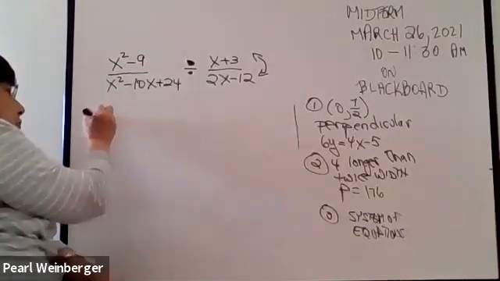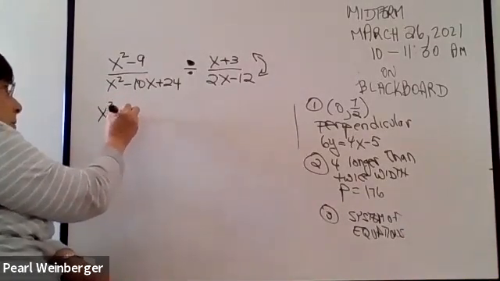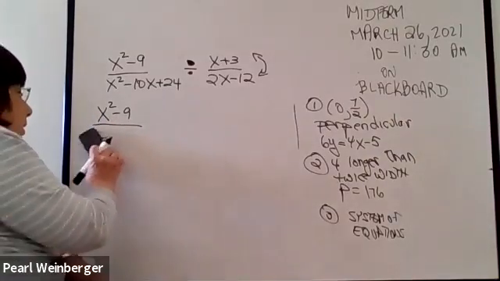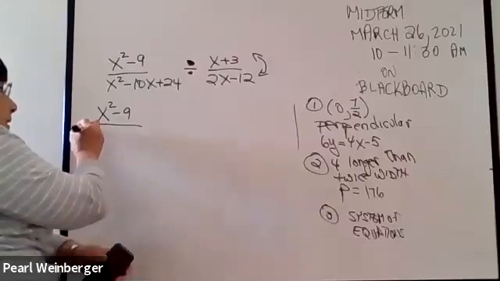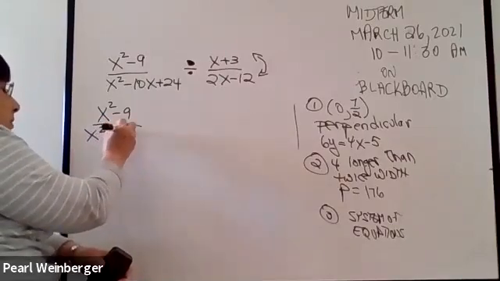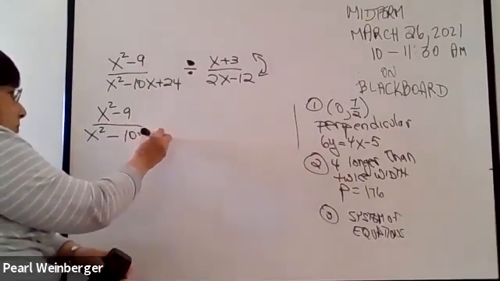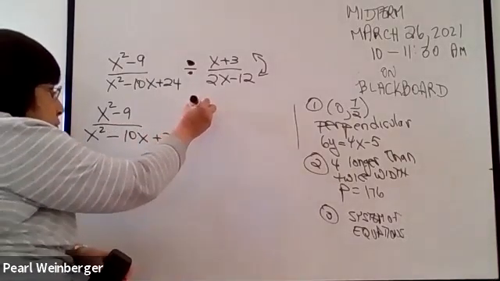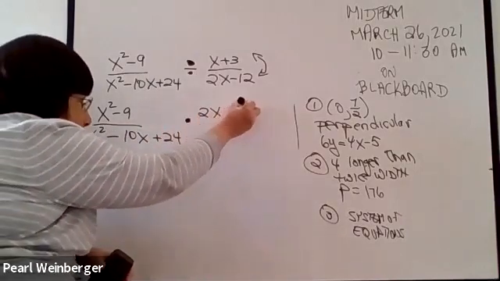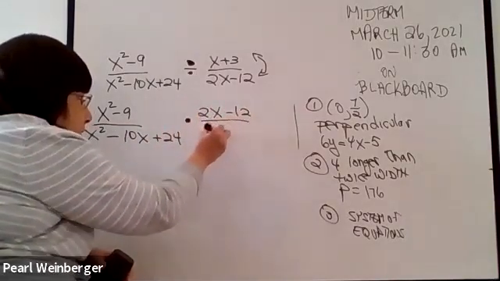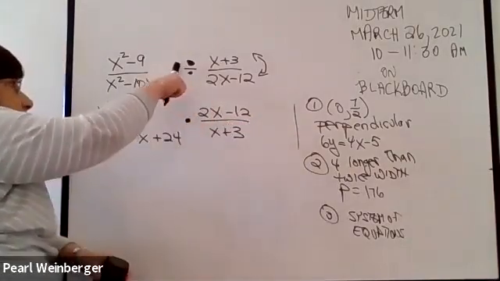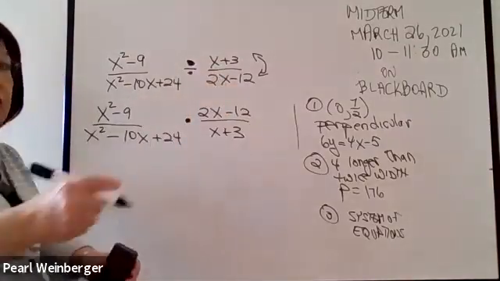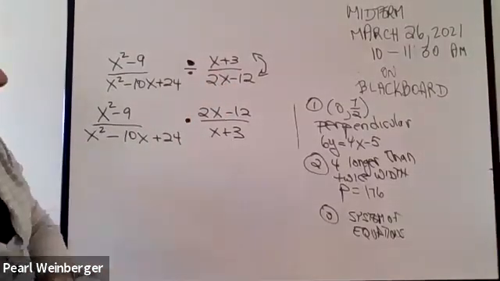We have x squared minus 10x plus 24, times 2x minus 12 over x plus 3. I changed the division to a multiplication by taking the reciprocal, in other words, flipping that second fraction.